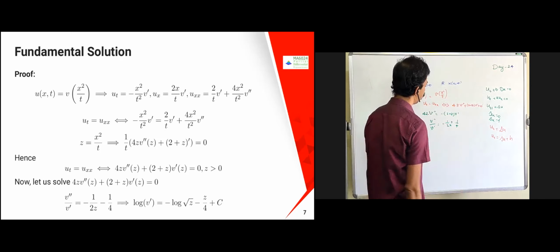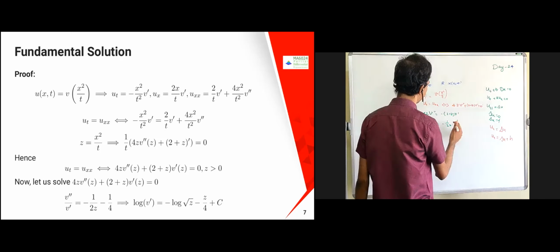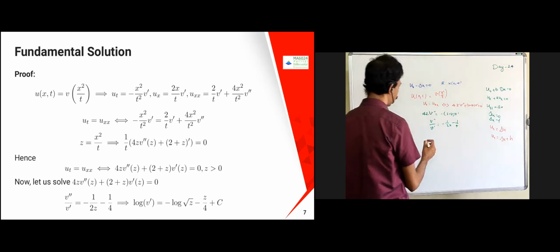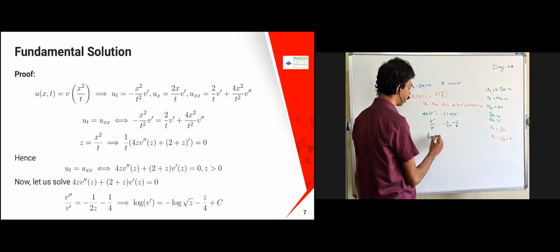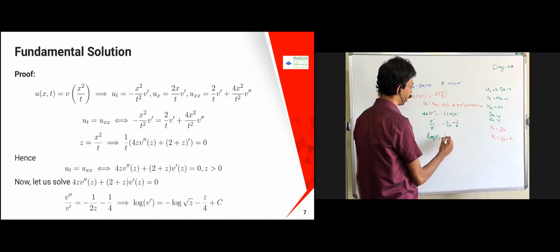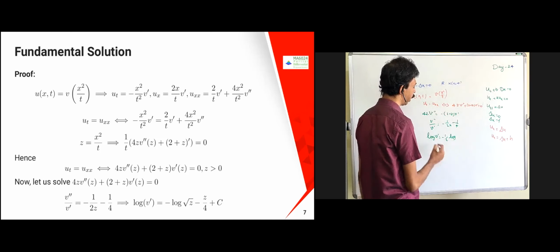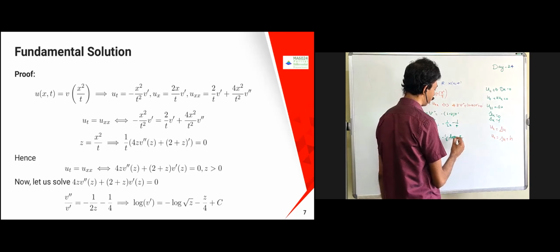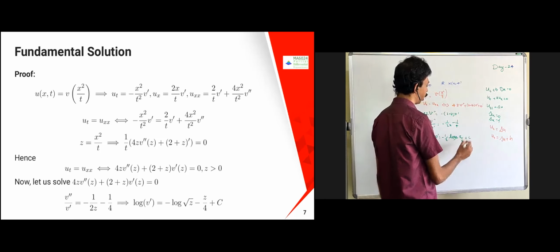If you integrate this one, what you are going to get is log v dash equal to minus 1 by 2 log z minus z by 4, plus some constant is going to come.